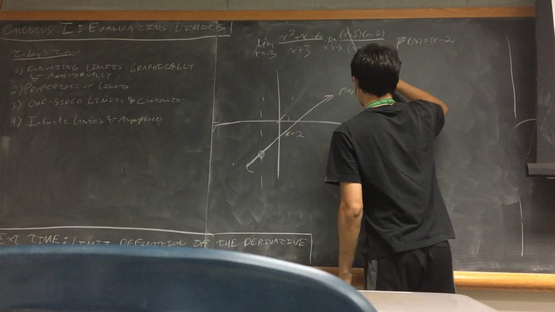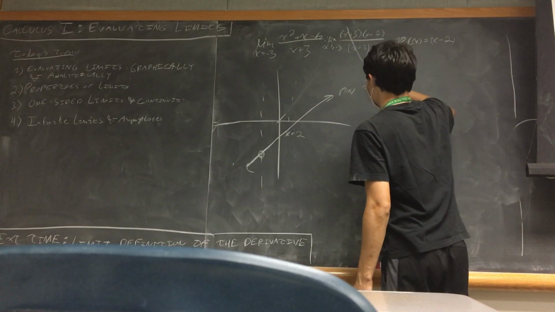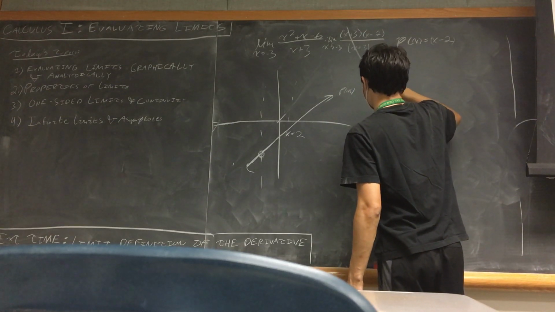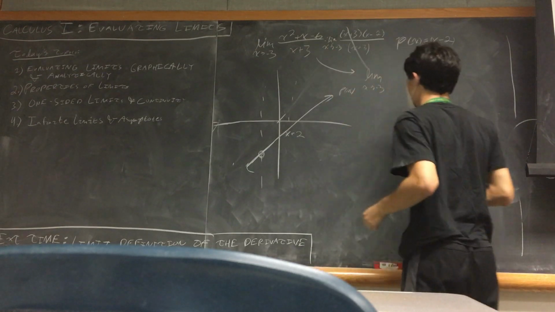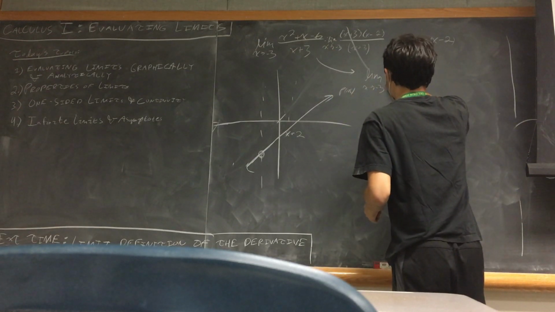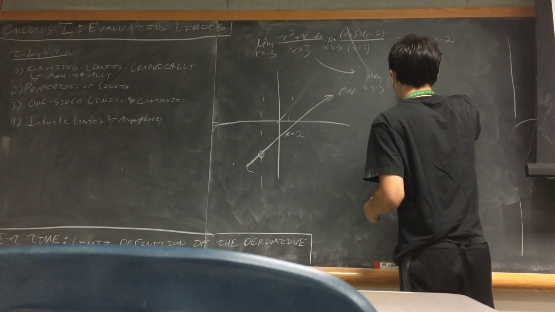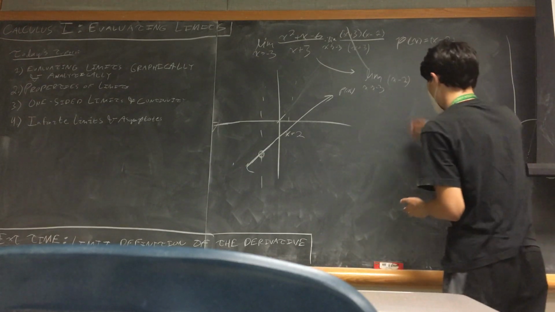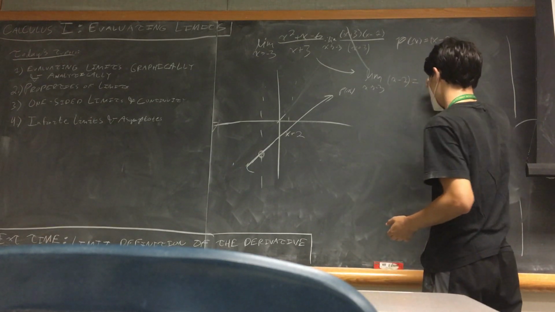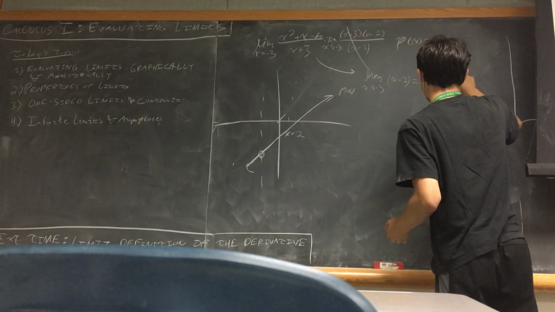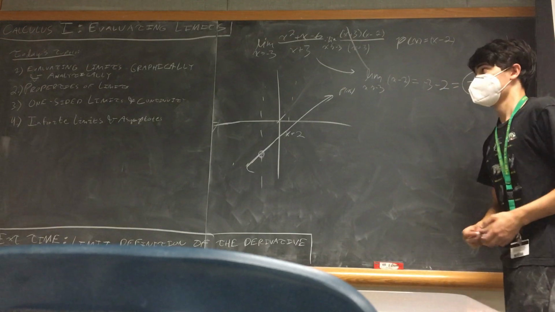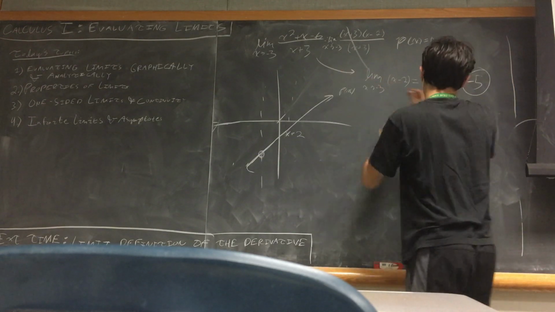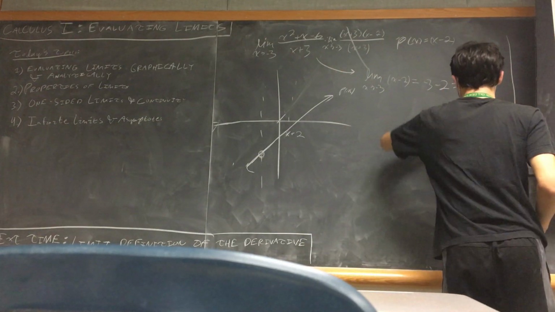So now, the limit as x approaches -3 of f of x is equal to the limit as x approaches -3 of p of x, which is x minus 2. And let's try a direct substitution in this case. We get -3 minus 2 is equal to -5. So our limit here is -5.